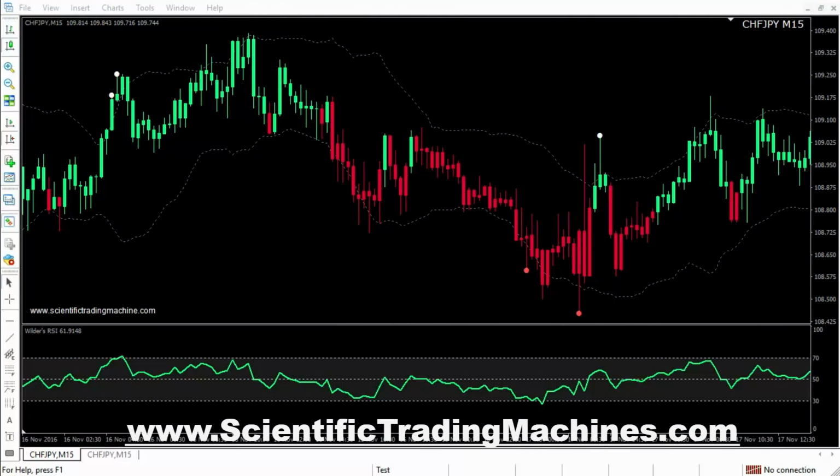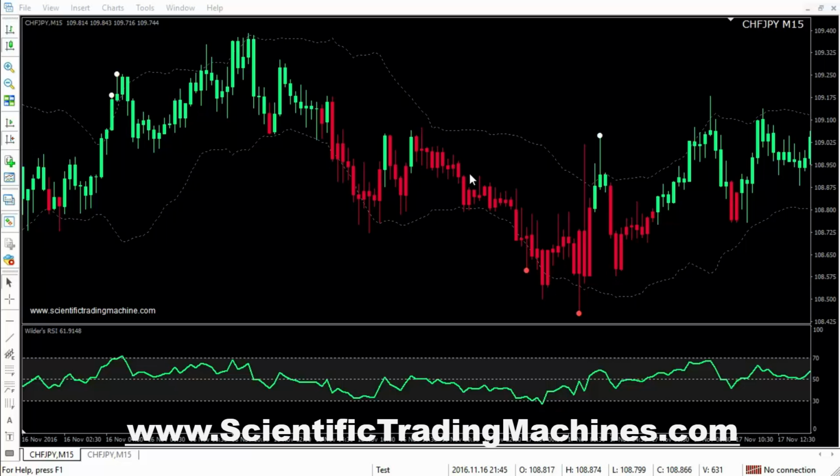Okay, traders, now it is time for me to show you the buy rules. The first rule says that we should see a series of red candles. And over here we can see a series of red candles. But before we move to rule number 2, I just want to talk quickly about these red and green candles.